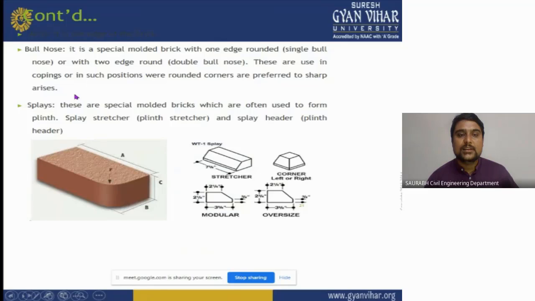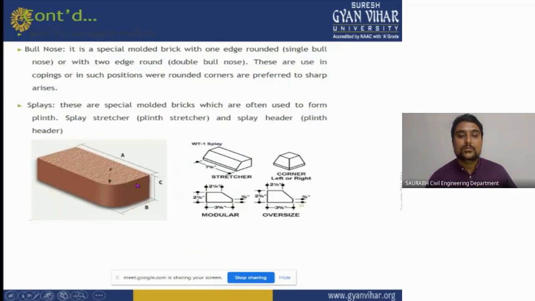Now we will see the bull nose. What is the bull nose and what are the special shapes in a brick? Bull nose is a special moulded brick with one edge rounded, which is known as the single bull nose, as you can see in the image of bull nose. And with two edges rounded, it is a double bull nose.